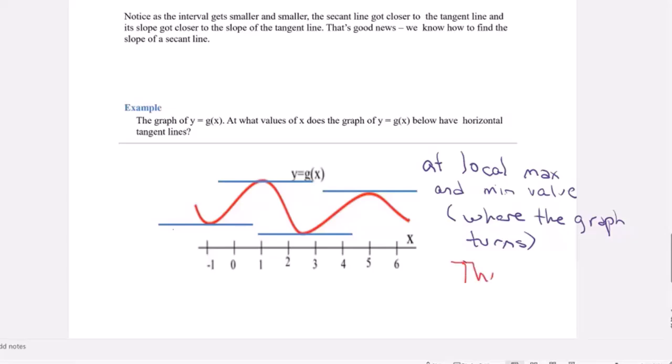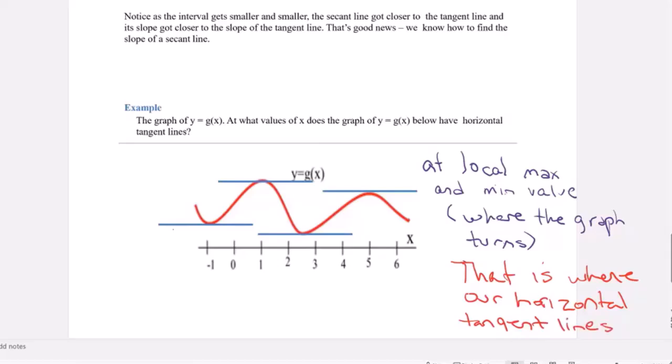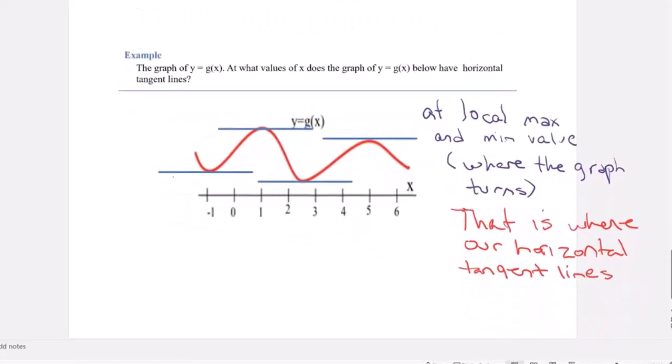that is where our horizontal tangent lines are located.